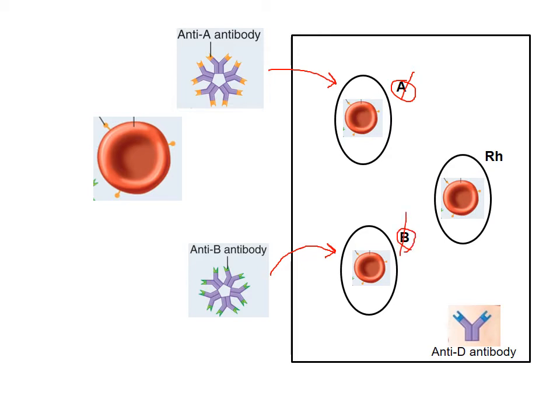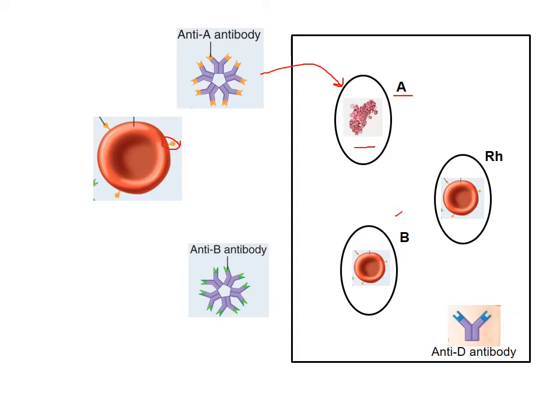I'm going to take the anti-D antibody. I'm going to put it in here. Its whole job is to look for that Rh factor, the D antigen, and if it finds it, it will agglutinate. If it doesn't, it does not. So in this, because this only has the A antigen, the only agglutination would be in this little section, because this has A antigen, so the anti-A antibody will find it and it will clump up, it will agglutinate.